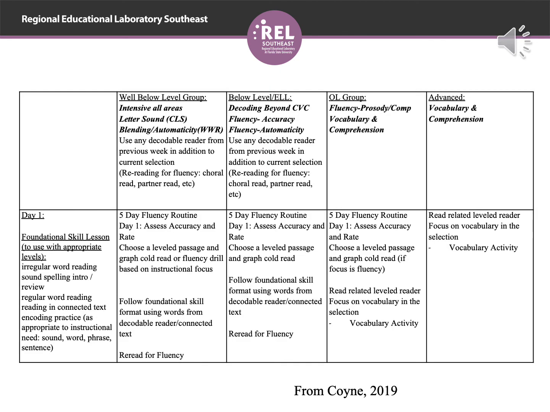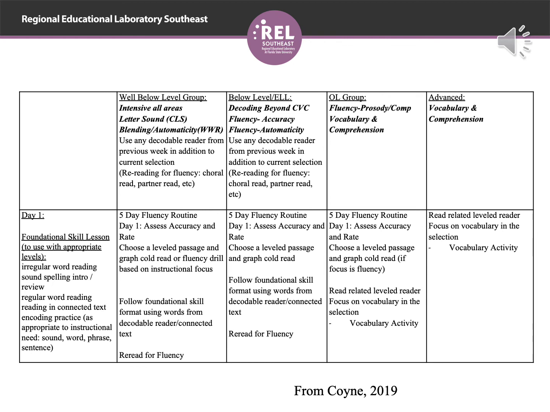This next slide shows an example of a lesson plan that Mike Coyne and his teachers developed. This is showing across a week work that might be done in grade 1 classrooms, focusing on some foundational skills. But notice across the top you have the differentiated groups.